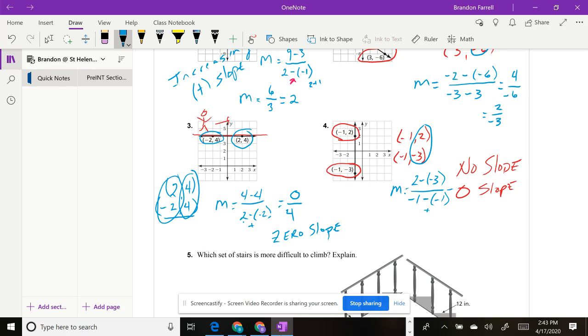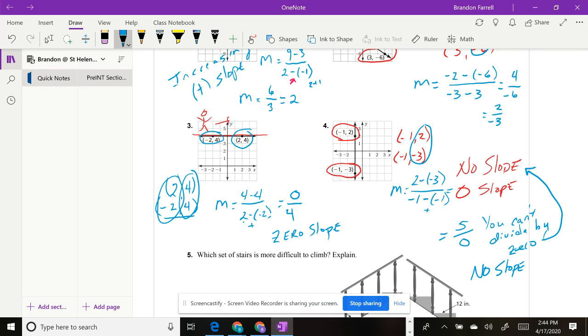So that's going to equal 5 divided by 0. Well, you can't divide by 0. Therefore, we call that no slope. So no slope on this one.